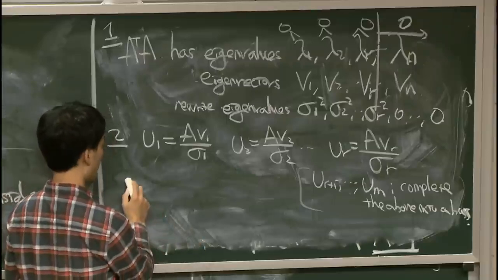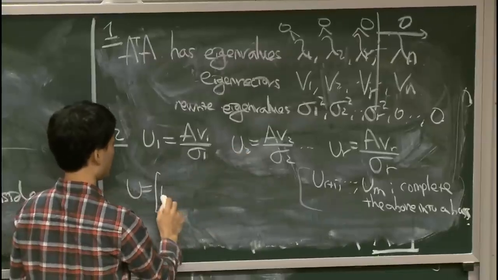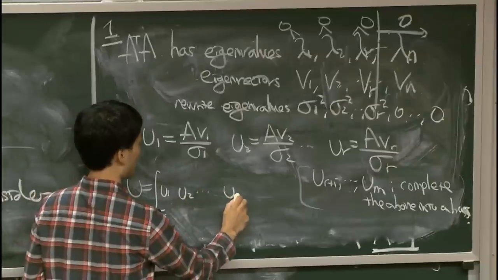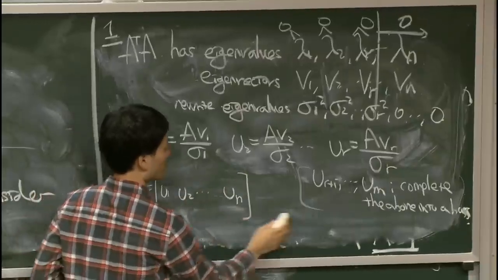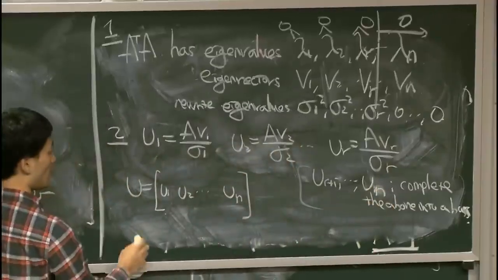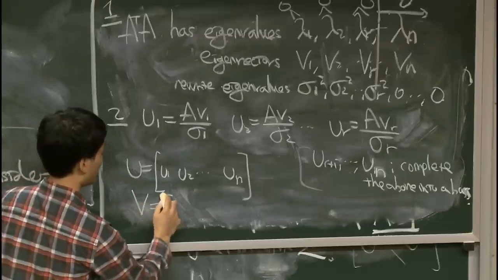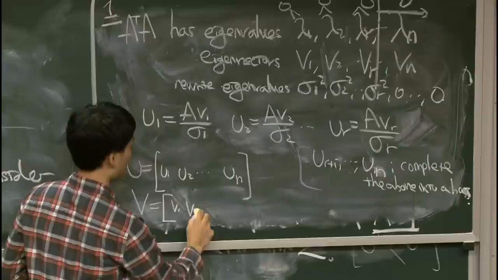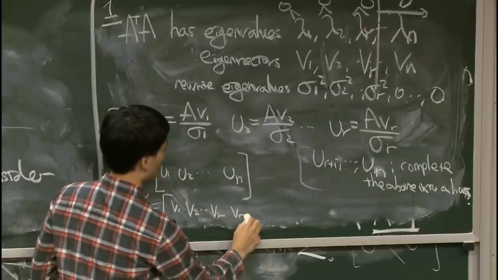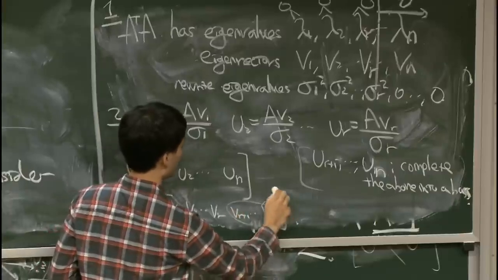But I'm going to let my U be u1, u2, up to u m. My V, I'll pick as v1, v2 up to vr, and then vr plus 1 up to vn. This again just completes into a basis.